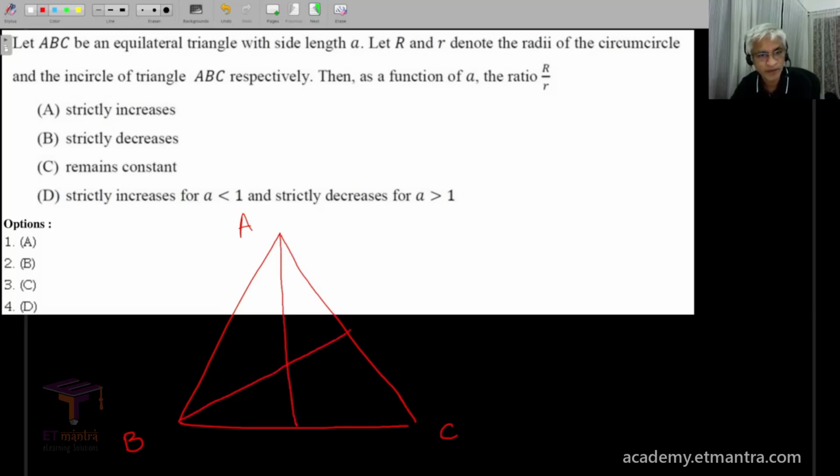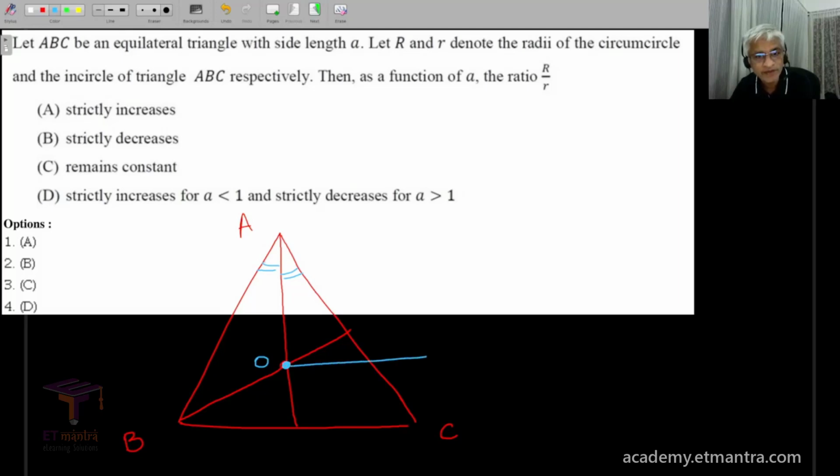Now, this point turns out to be the center of the circumcircle, but since this line also turns out to be the angle bisector, and in fact also the median, this will also be the center. The point O will also be the center of the incircle.